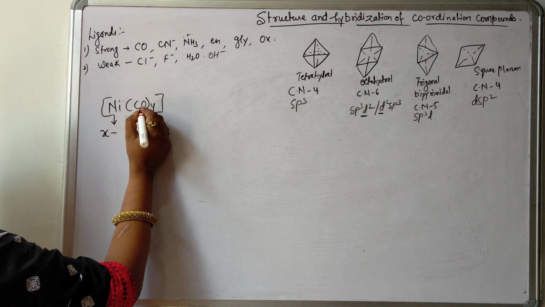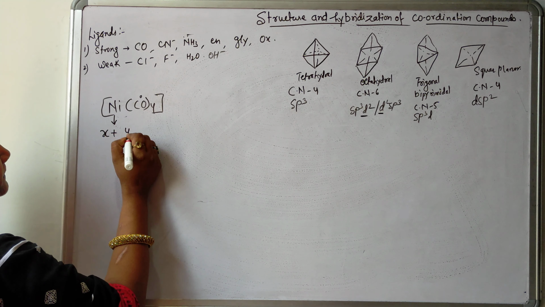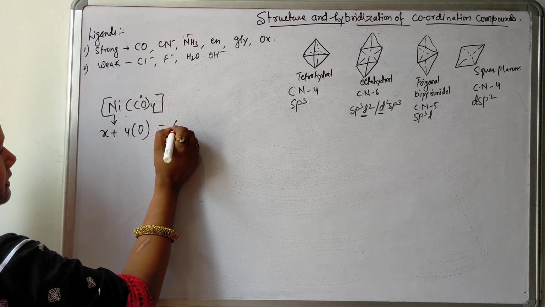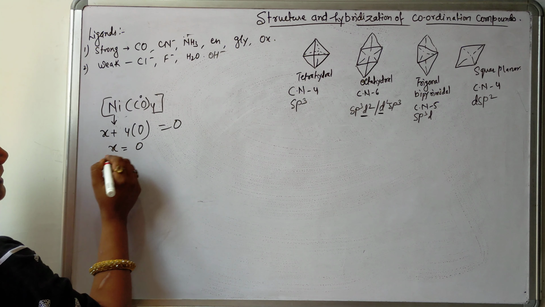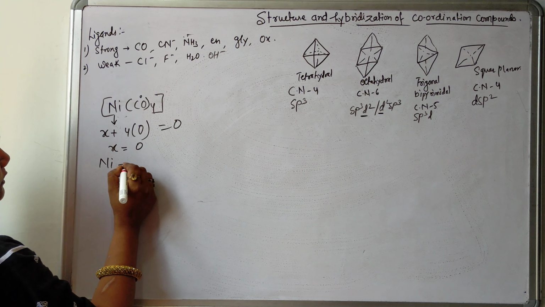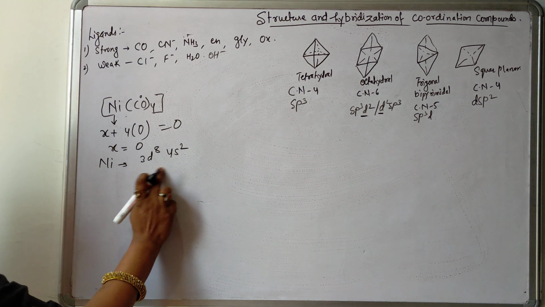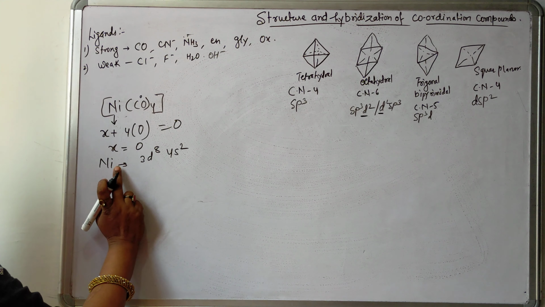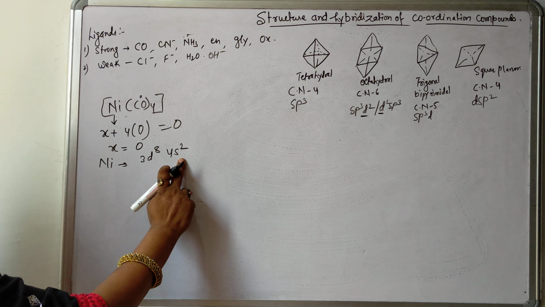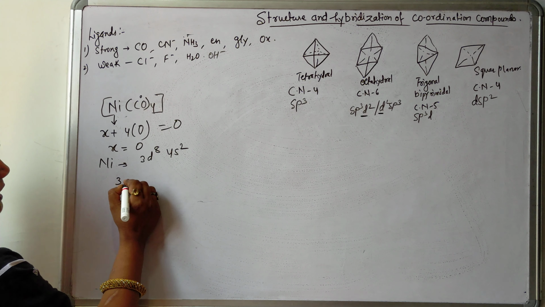Let the oxidation state be x. Carbonyl has 0 oxidation state, so x is 0. This means nickel will have the configuration 3d8 4s2. This is the general electronic configuration because it doesn't get any oxidation state here. Now 3d, 4s, 4p.